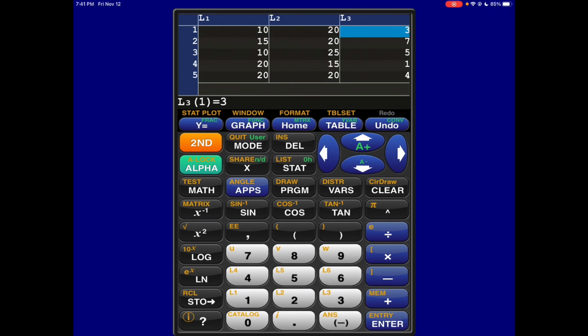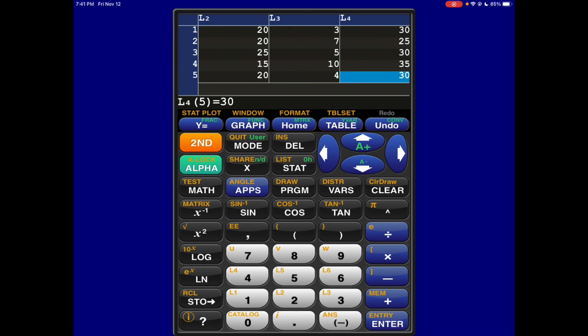L3 is all the data from the third store, 3, 7, 5. Oh, that should be a 10, not a 1. And then a 4. And then finally, list 4 is all the data from the fourth store, 30, 25, 30, 35, and 30. So now how do I run my Anova test?